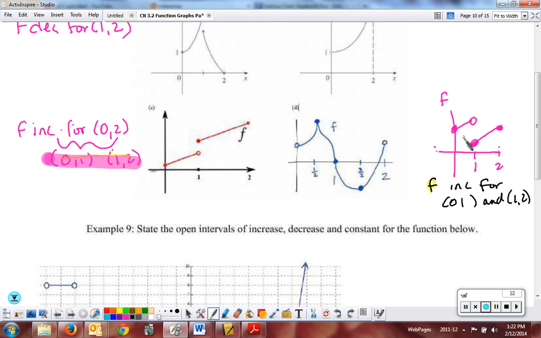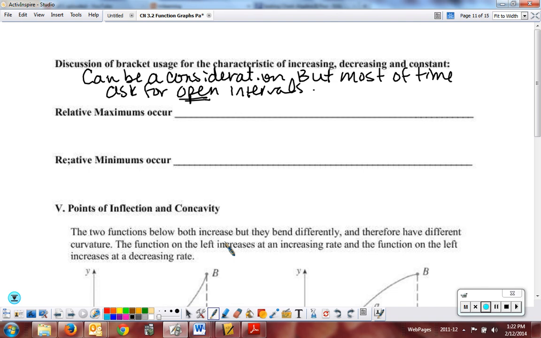Over here, I would change this to bracket 1 to 2. But here, I would do bracket 0 to 1 parenthesis on it. It's just such a little thing in calculus, we don't worry about it. And I'm not going to worry about it either. Because if they're not going to make you do it in the AP, I'm not going to make you worry about it in this class.